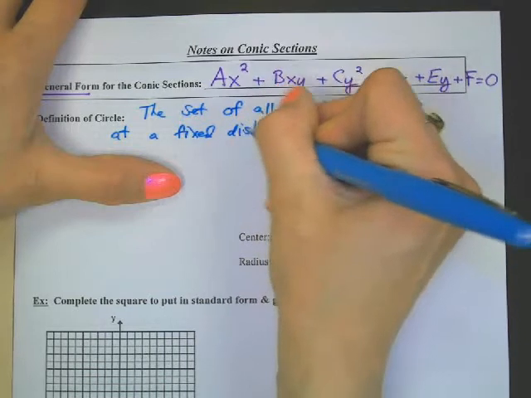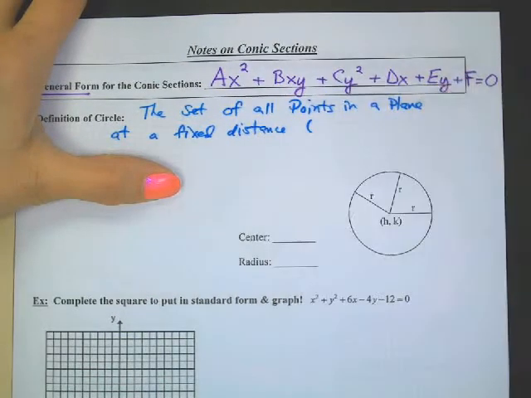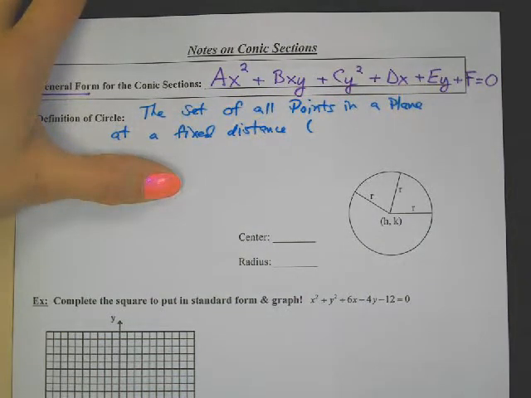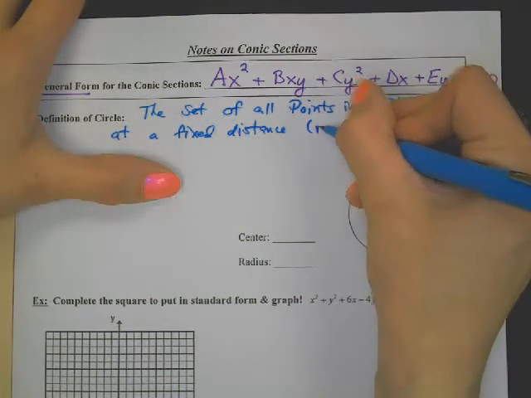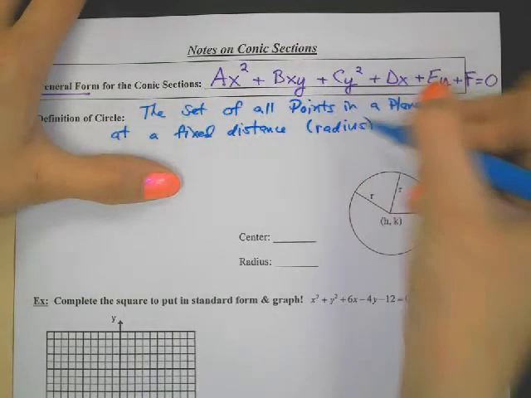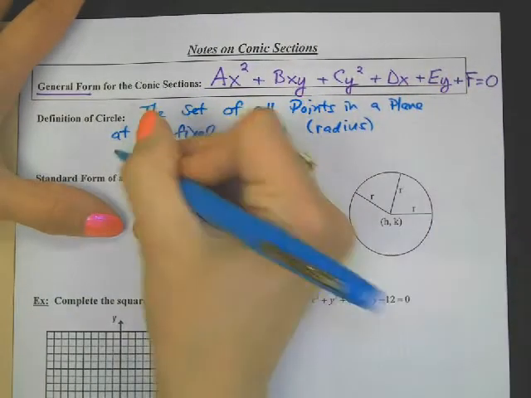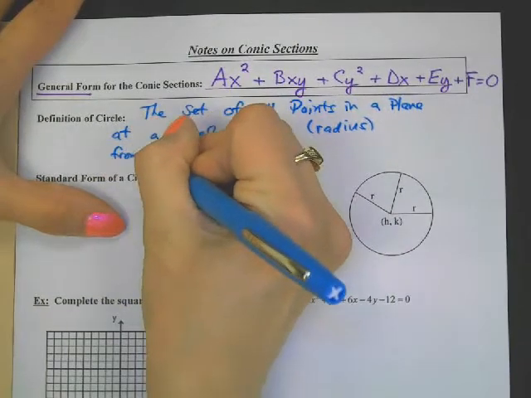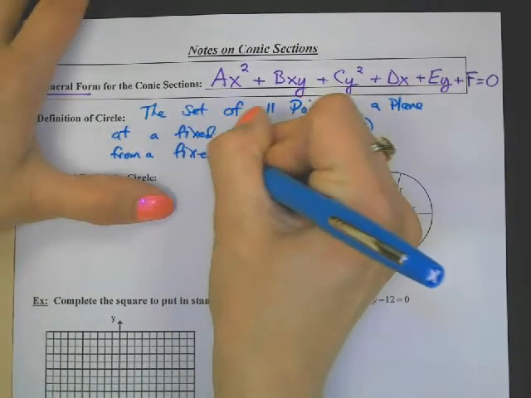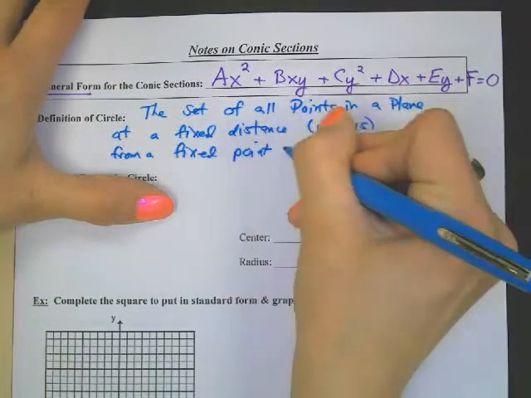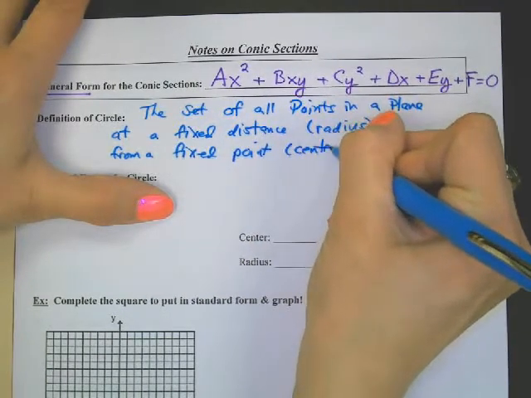What's that distance going to be called? Radius. Okay, all the points at a fixed distance from a fixed point. The fixed point is called the center.